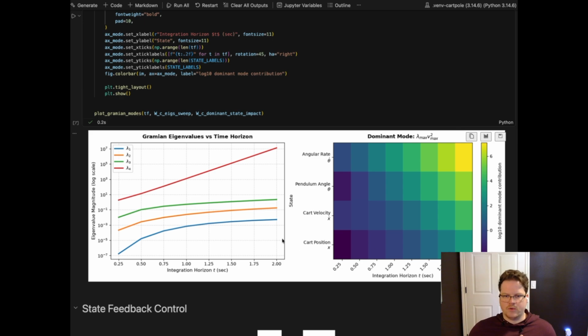The cart position, though, requires more energy to move, and just physical intuition, that kind of makes sense. So this is a nice side-by-side plot, and it gives us a little bit more intuition when we start going into state feedback control, looking at what modes we perhaps want to control at a higher degree or fidelity versus other ones that might be a little bit easier, especially with these under-actuated systems.